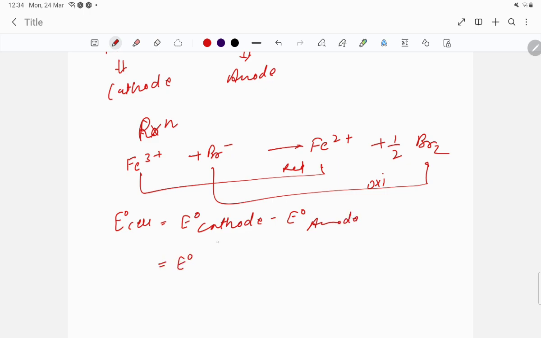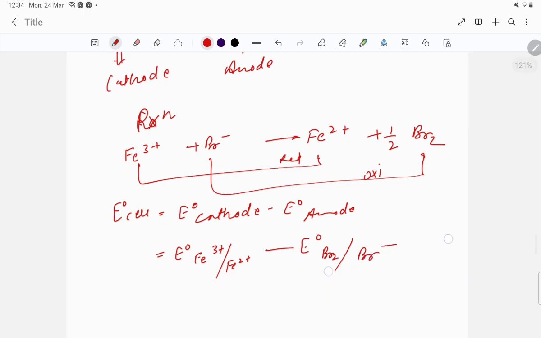Cathode is E naught Fe3+ upon Fe2+ minus E naught Br- upon Br2. That is not the correct one, because we are writing in terms of reduction now. So Br2 upon Br-, reduction potential now.